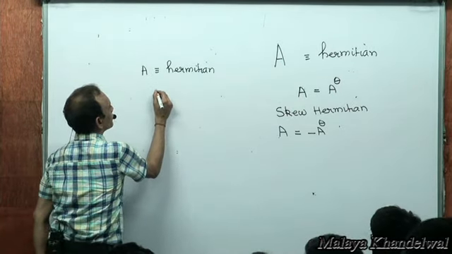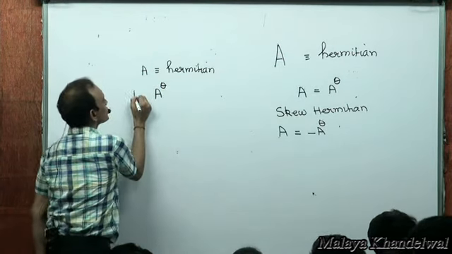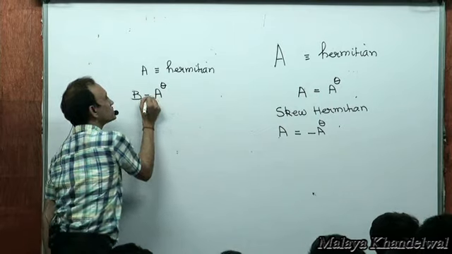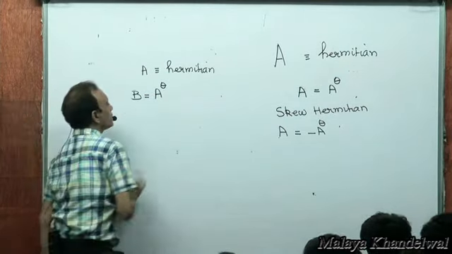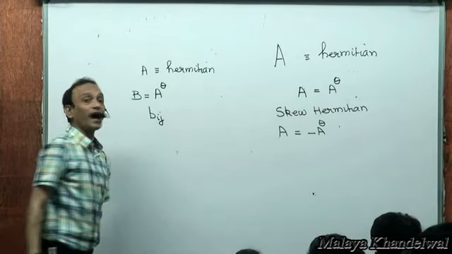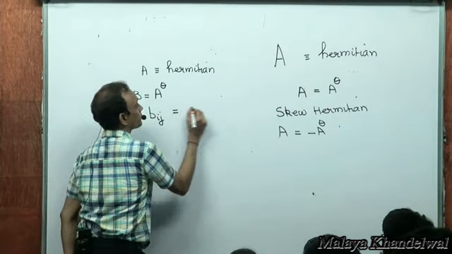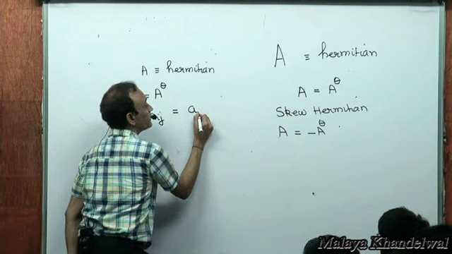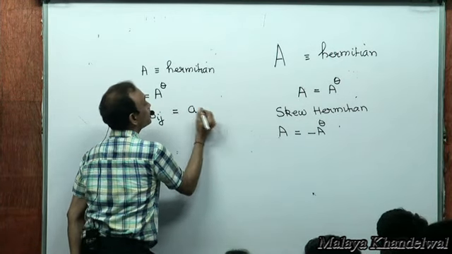Then A theta, suppose, is the matrix B. Then the ijth element of this matrix is going to be AJI conjugate.